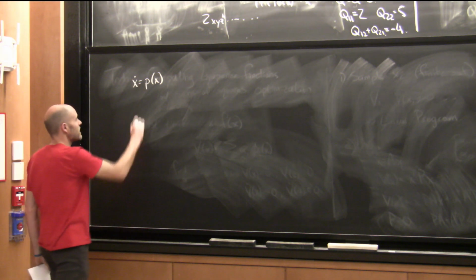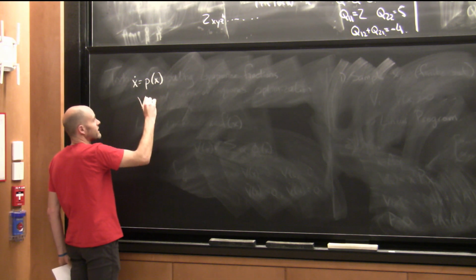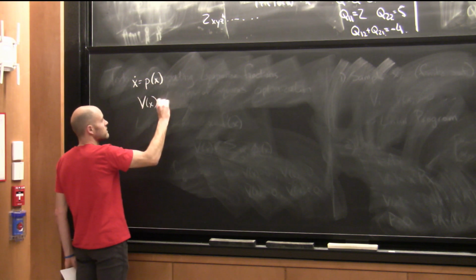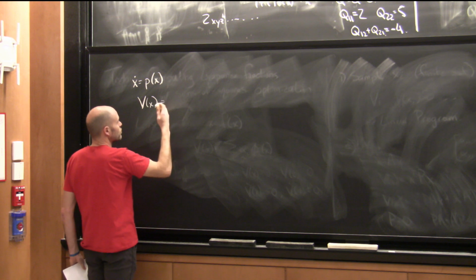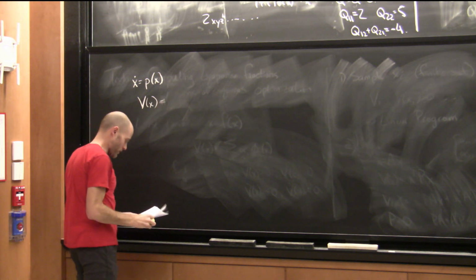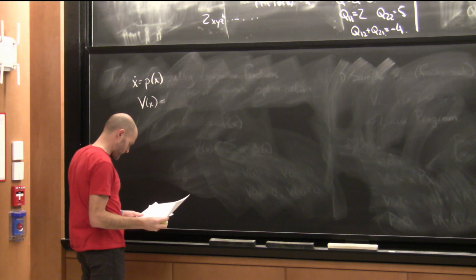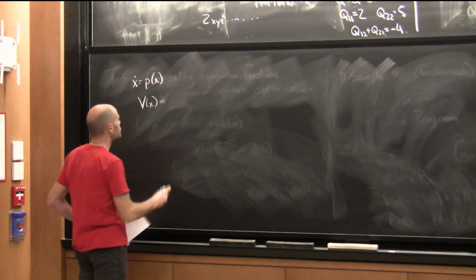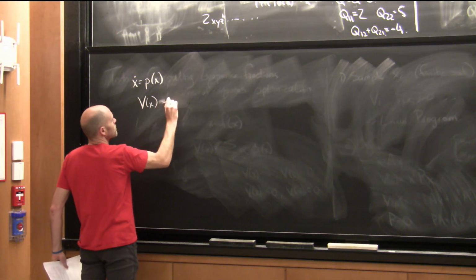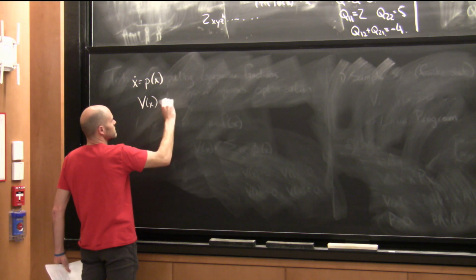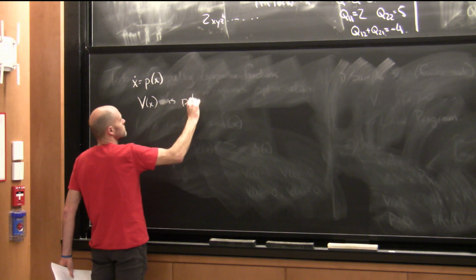All right, and let's say that I have v of x. Let's choose that to be a polynomial too, okay? Also polynomial. I'll just call it v of x is also polynomial.